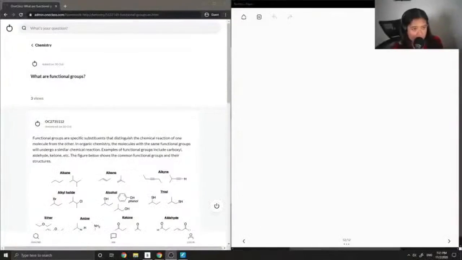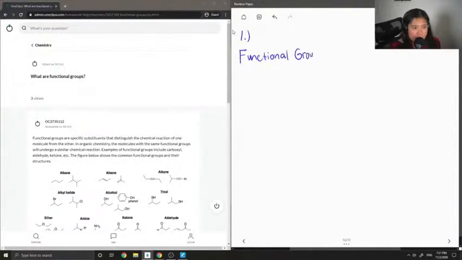Okay, so question number 1 starts off pretty broad, but basically they are asking, what are functional groups? Functional groups. This is one of the first things you learn about when we're talking about chemistry or organic chemistry in general.